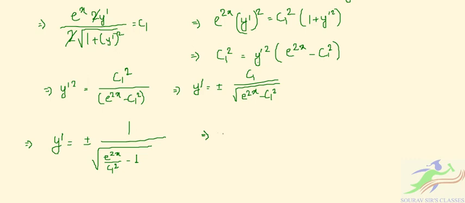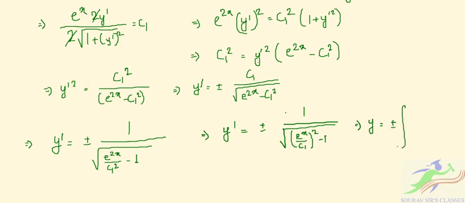Okay, now y prime equals plus minus 1 by root over e to the power x by c1 whole square minus 1.